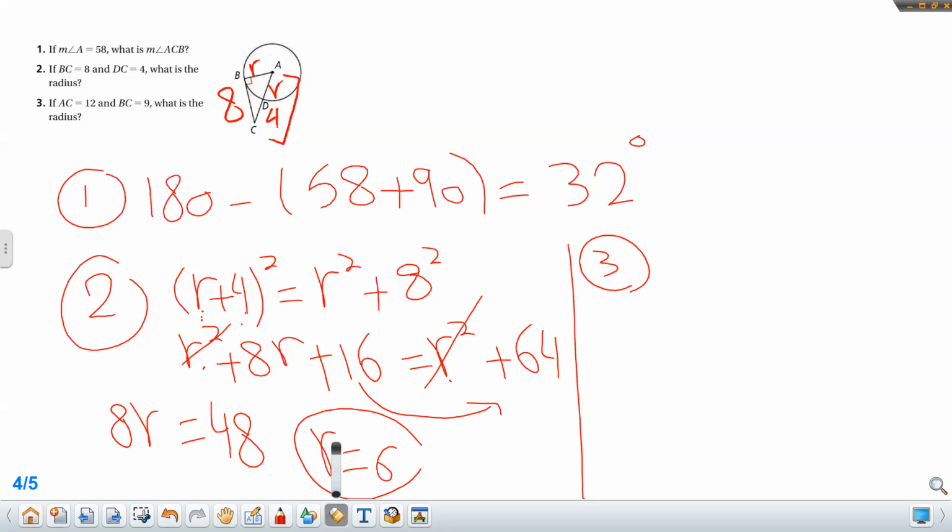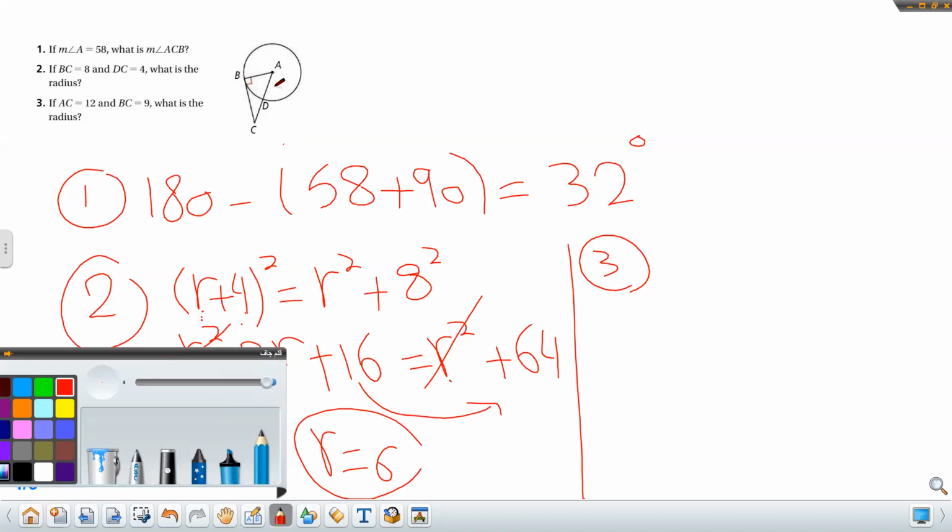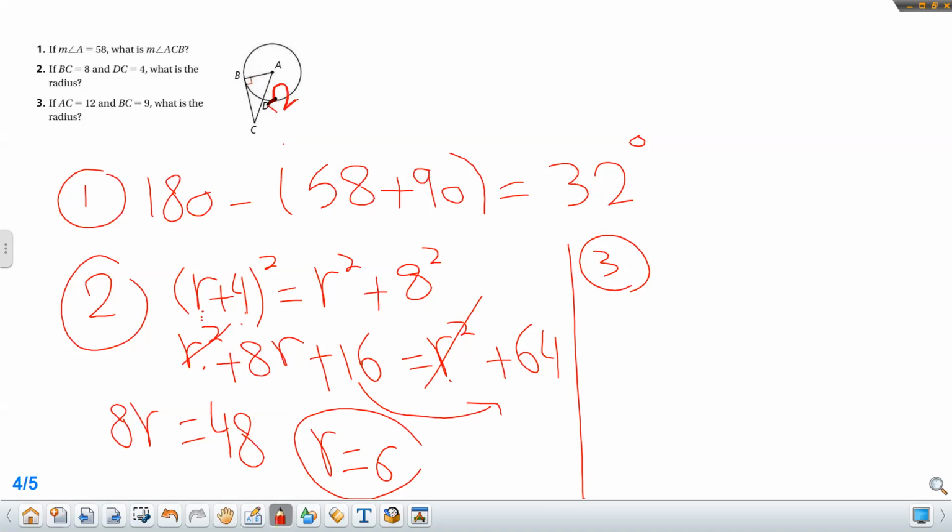If AC equals 12 and BC equals 9, how to get the radius? It's easy. Here the radius in the right angle triangle is like the smaller side.